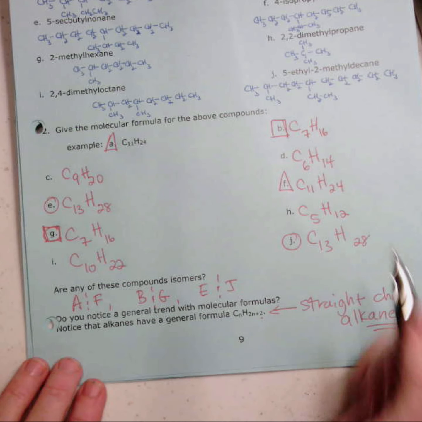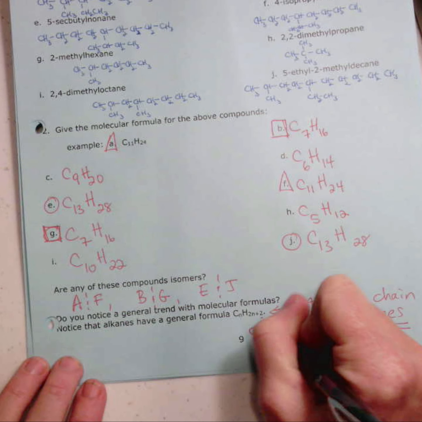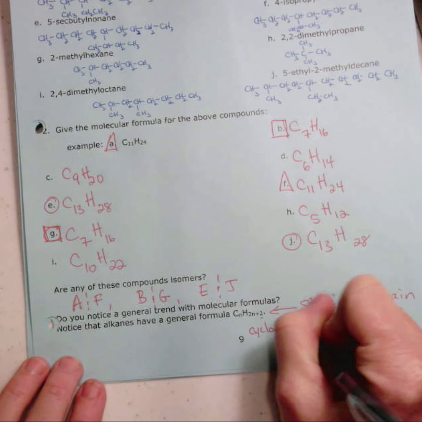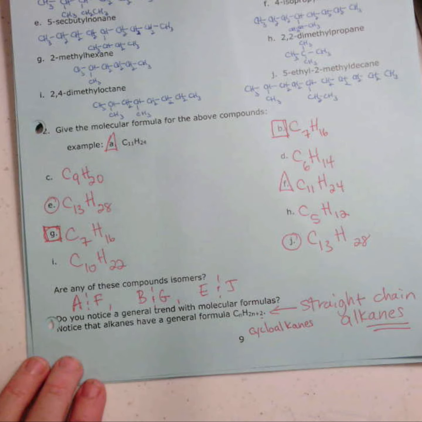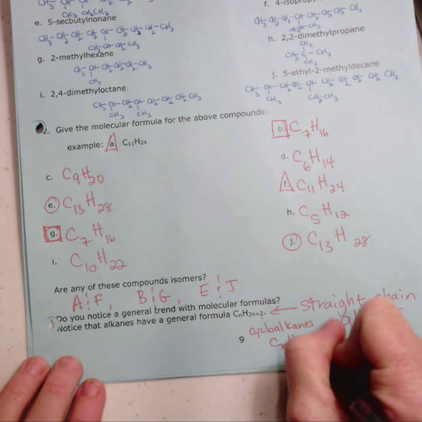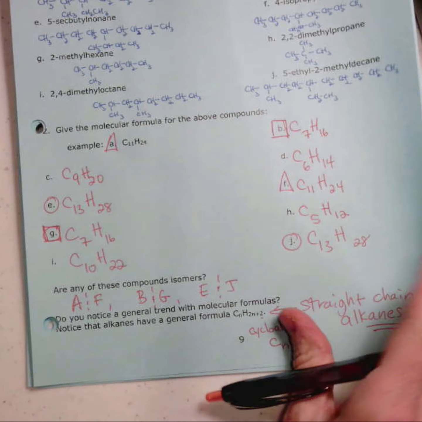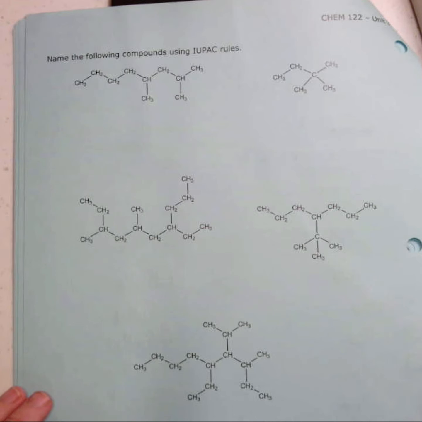Oh, while I'm thinking of this, for cycloalkanes, they have the general formula CnH2n, because remember with cycloalkanes you lose 2 hydrogens. I hope you can see this. I know, a little blurry, but I'm doing my best.